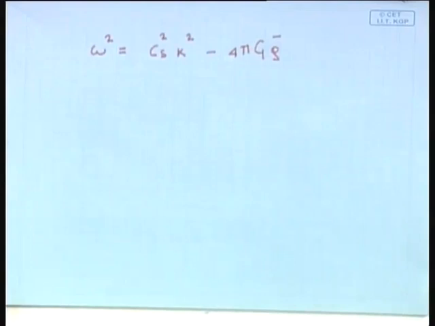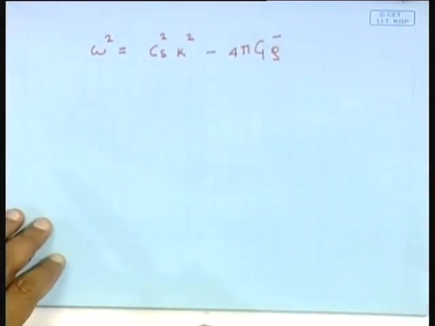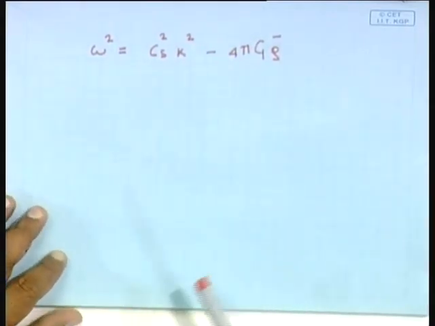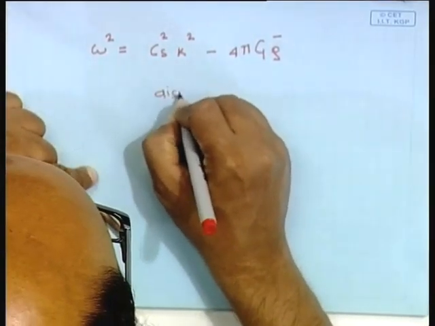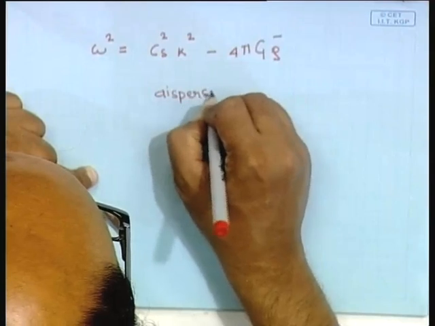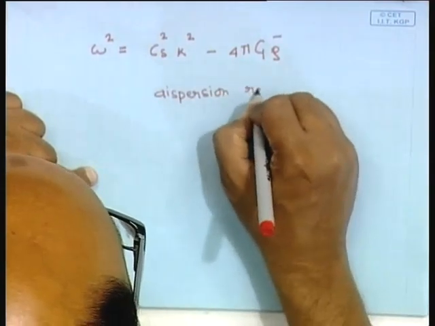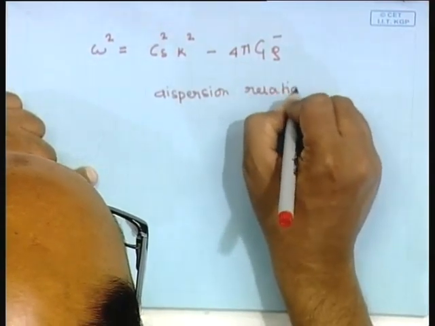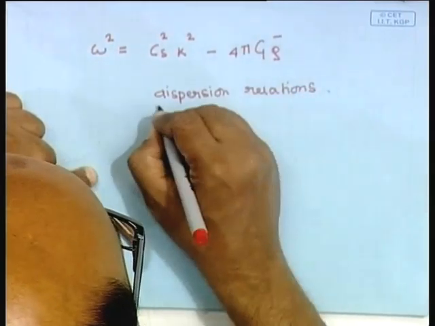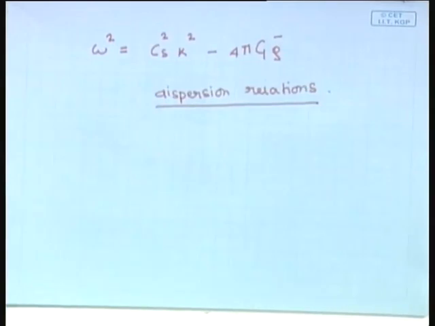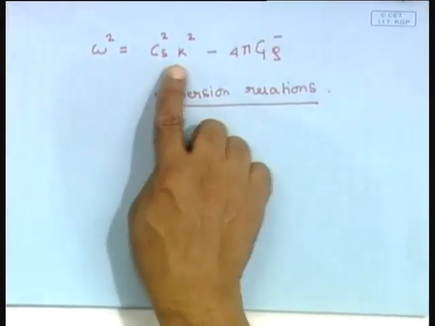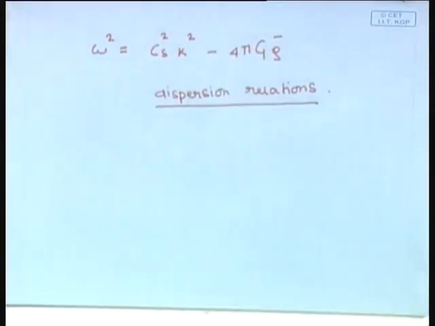So this is the dispersion relation for this equation. A dispersion relation refers to a relation between omega, the angular frequency, and k, the wave number, and here we have obtained the dispersion relation.